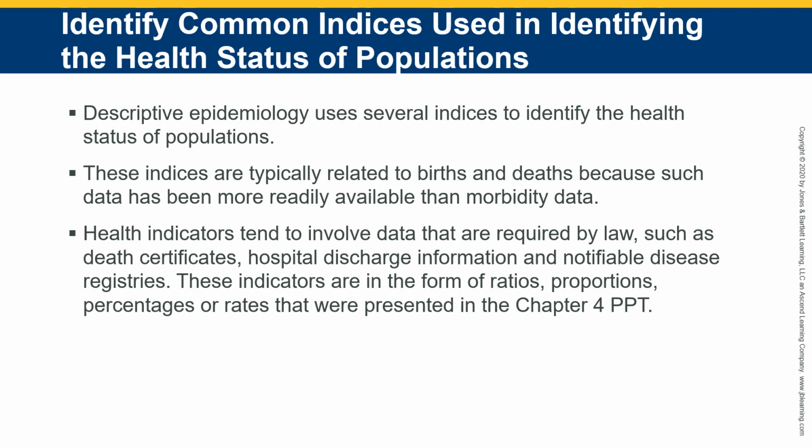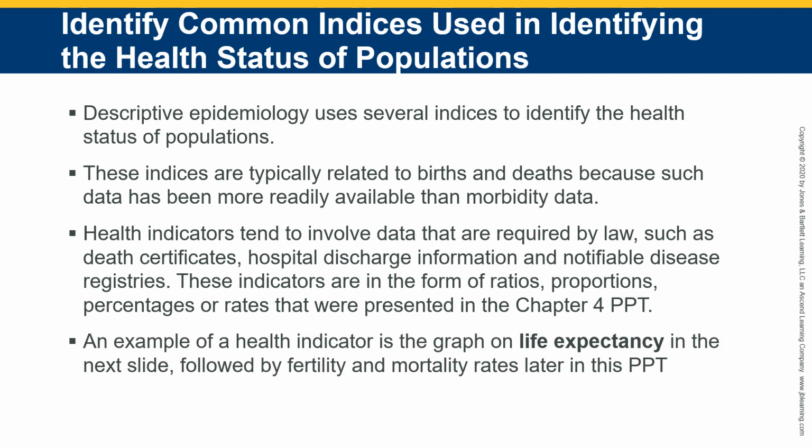Health indicators tend to involve data that are required by law, like death certificates, hospital discharge information, and notifiable disease registries, because we take such great care in preserving the person's confidentiality. So sometimes those statistics may not be readily available because of that.